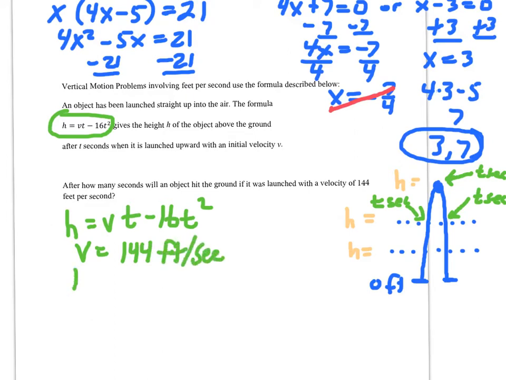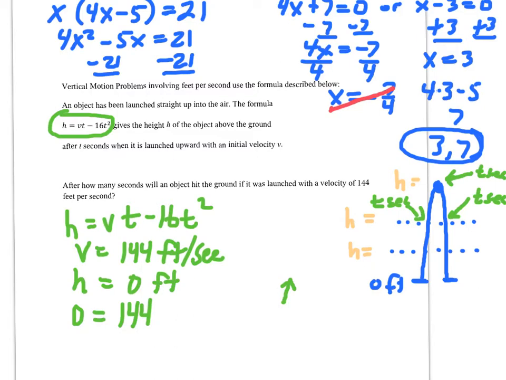But we're also given the height of h equals 0 feet, because it wants to know how long it takes for the object to get back to the ground. So that's when it's at 0 feet. So in our formula, we're going to substitute 0 for h. We know V is 144. So initial upward velocity is how fast it's shot out of, let's say, a gun or a bow and arrow or thrown.